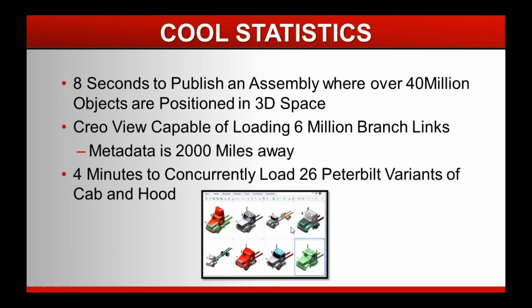It takes 4 minutes to load all 26 variants that we have created in Creo View, which loads up the cab, hood, suspension, and some of the chassis components. This is a performance coolness: being able to load these up concurrently is the key word here. It loads them all up at the same time, and you can see them all at the same time.